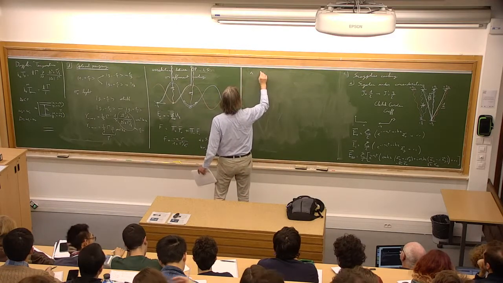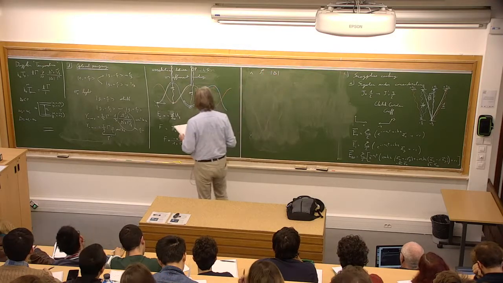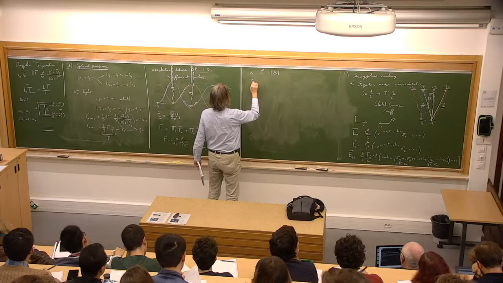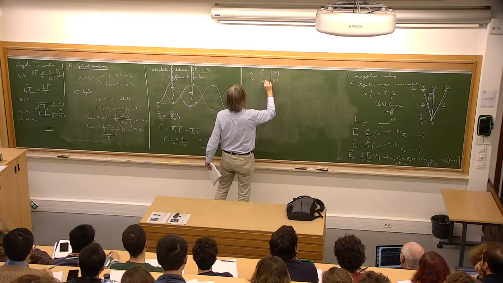So alpha increases with the detuning, but at the same time, the capture range decreases with the detuning.